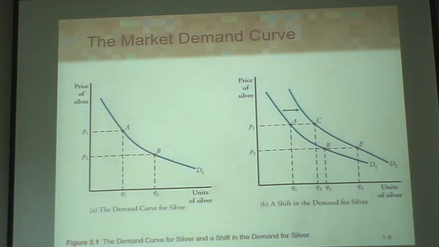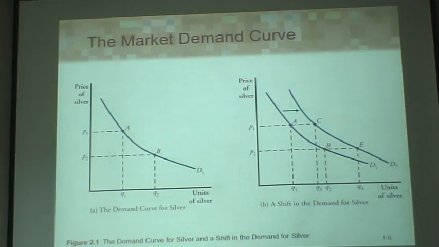Here you have a demand curve for silver. I'm not sure, probably not many of you use silver because in Taiwan it's not that popular, but probably that's the case in the US.